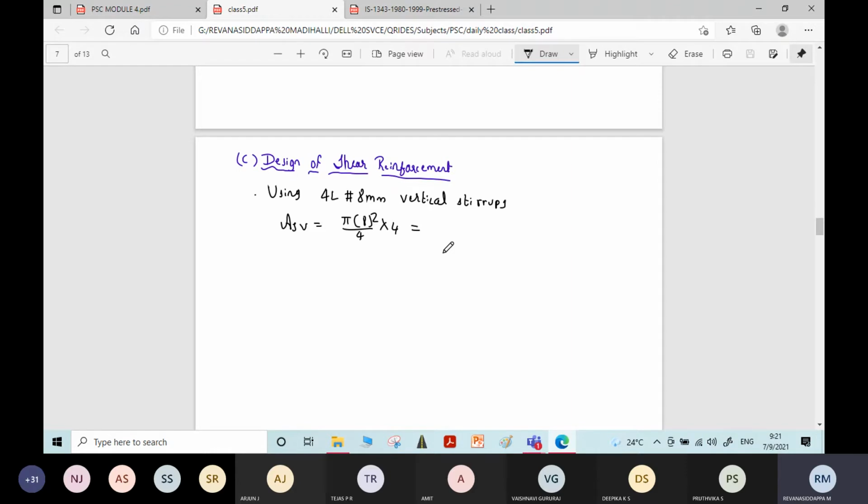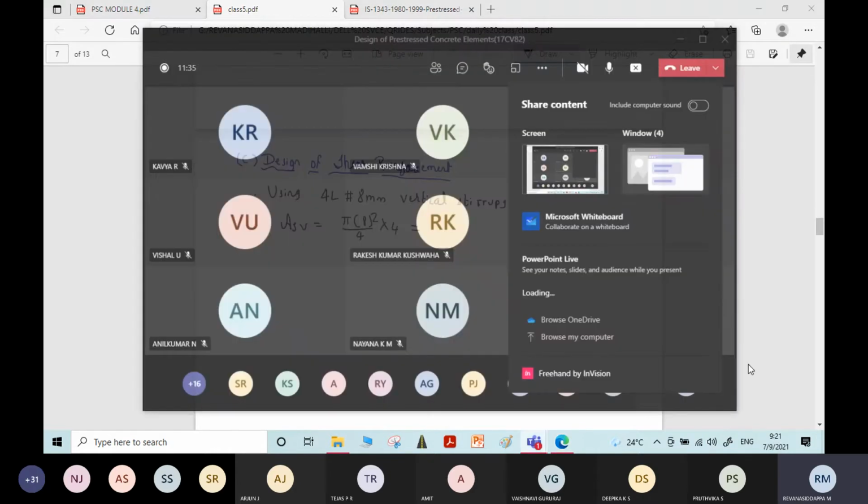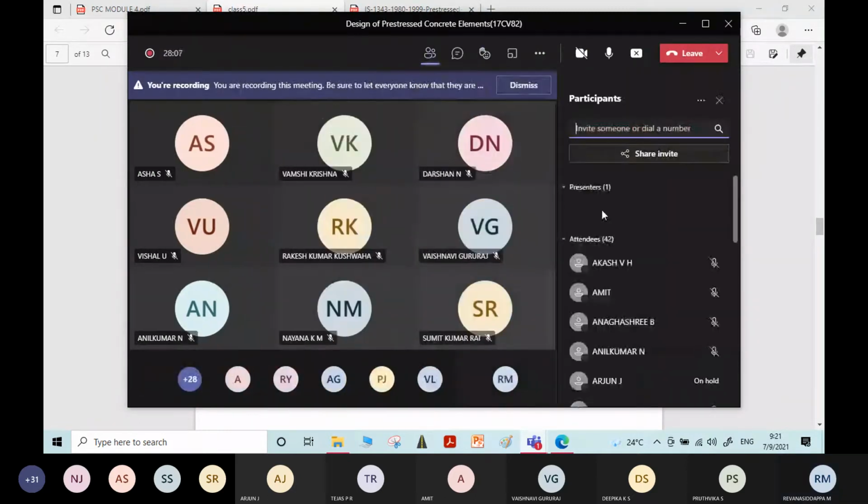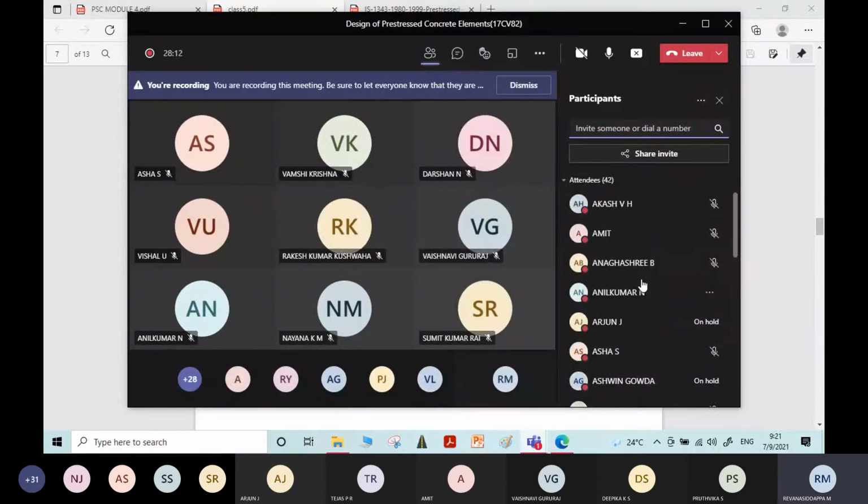What's the answer? Akash, Amit, Anagasri, Anil Kumar. Asha, tell me the answer. Doing, sir.